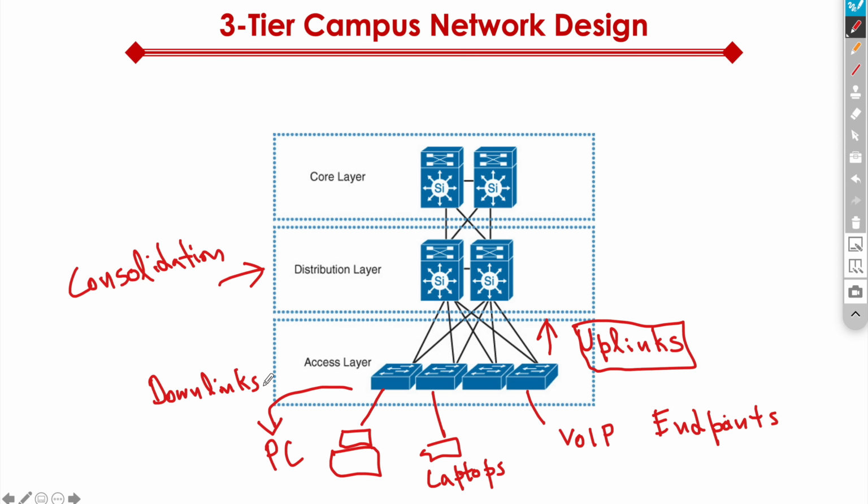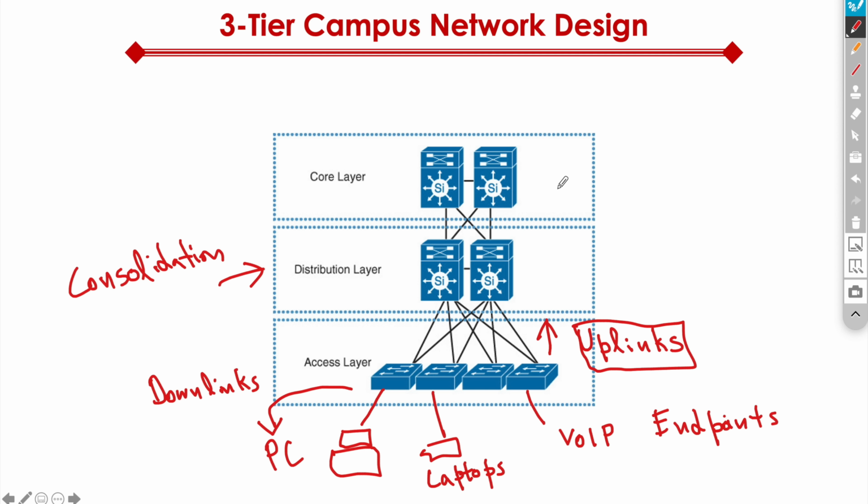When somebody says, where's the problem, downlink or an uplink, immediately you should get this picture in your head as you're troubleshooting, a picture where you understand that the downlink means the ports that are facing the endpoints, and the uplinks mean interfaces that are facing the switches upstream.